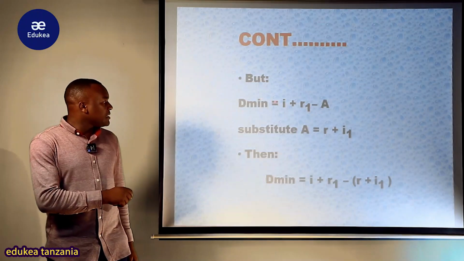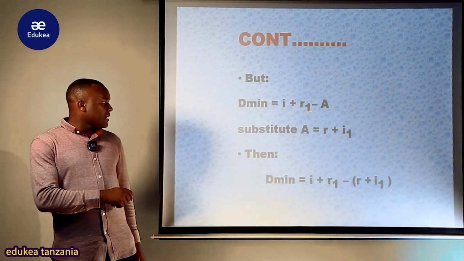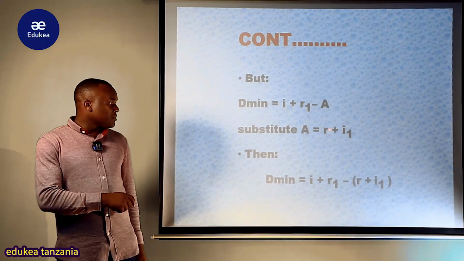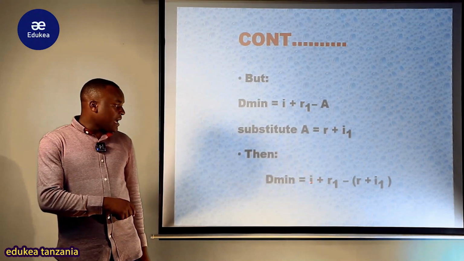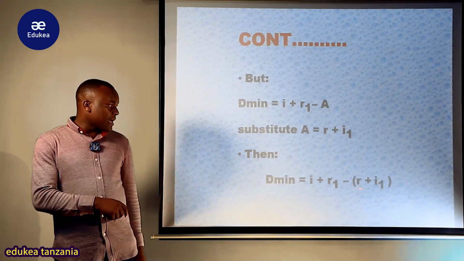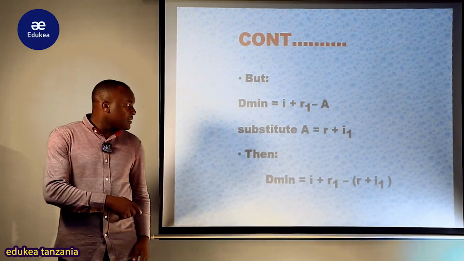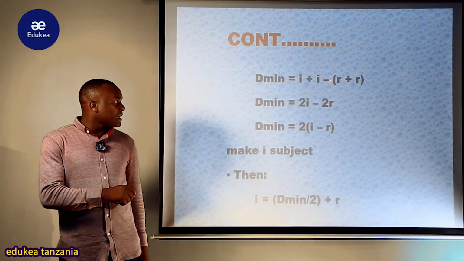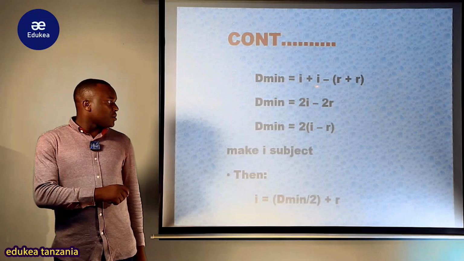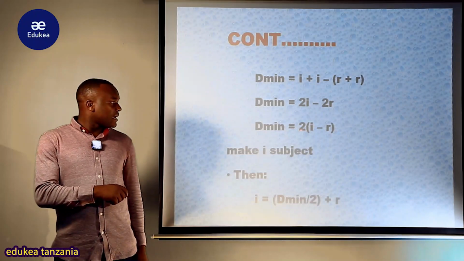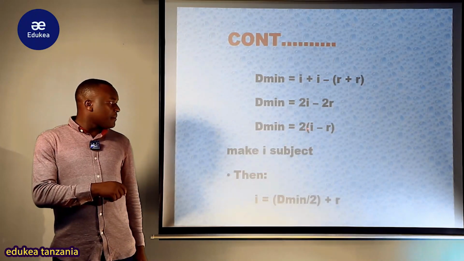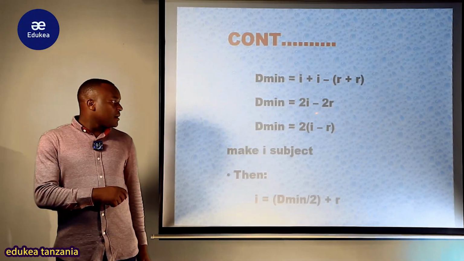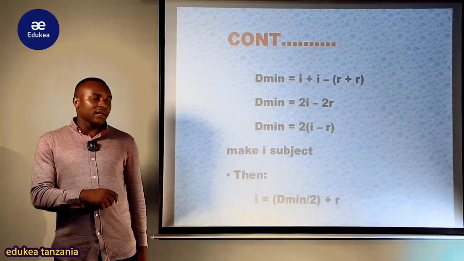So but D minimum will be I plus R1 minus A. Substitute the value of A. Ukisubstitute the value of A, the formula will be I plus R1 minus into bracket R plus I1. Then ukimanipulate utapata D min is equal to I plus I minus R plus R. So you get 2I minus 2R. Ukifungua mabano ukatoa mbili itakuwa D min ni sawa sawa na 2 into bracket I minus R.